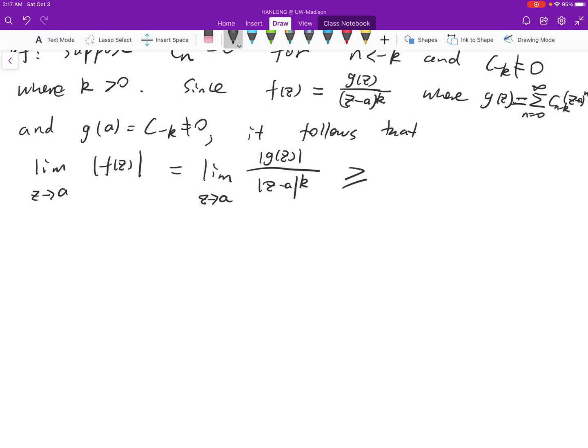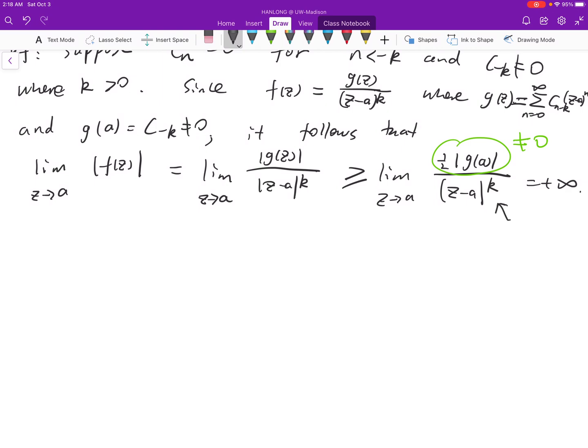Notice that when you choose z close enough to a, the norm of g(z) is bounded below by half of the norm of g(a). Then this is a constant, non-zero. So if you take a limit, it's positive infinity because this blows up.